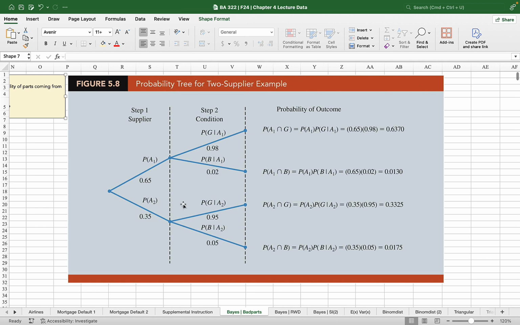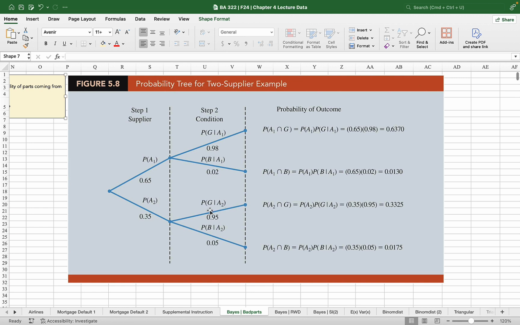If we take it one step farther and look at supplier 2, represented here by A2, we'd see that the probability of receiving a good part from supplier A2 is 0.95, where the probability of the part being bad, given that it's from supplier A2 or supplier 2, is 0.05, meaning that 5% of the parts supplied to us by supplier 2 are bad, whereas 95% are good.